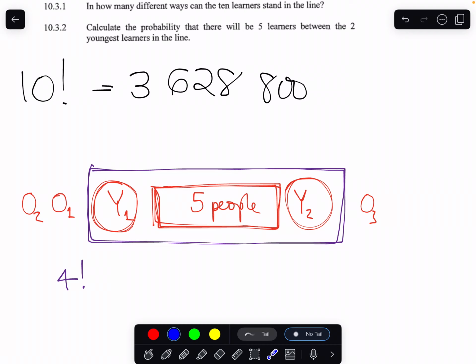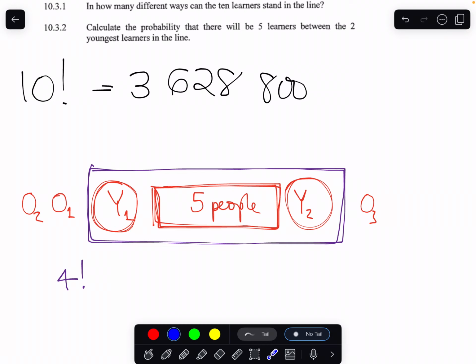We can't move the 3 things around, sorry, because the 5 people have to be between the 2 youngest people. So there are only 2 variants: we have O2, O1, Y1, the 5 people, Y2, O3, or we can have O2, O1, Y2, the 5 people, and then Y1, and then O3.